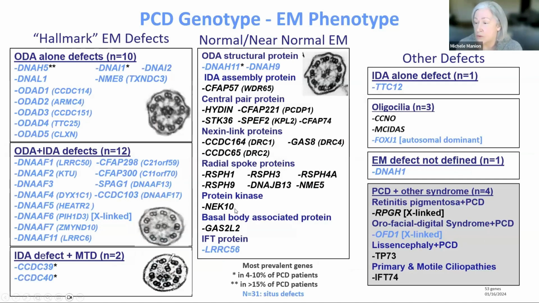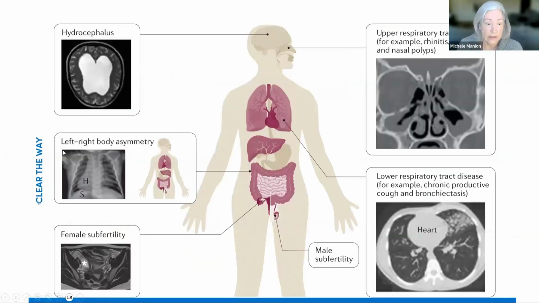So we now know that there are more than 50 genes that have been identified to cause PCD. Variants in these genes cause PCD. And they are across the gamut. At first, we thought that it was just an autosomal recessive disease. Now we know that there are actually dominant versions and versions of this that are associated with X-linked or other syndromic disorders.